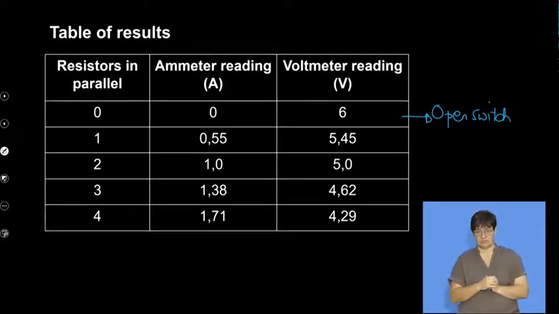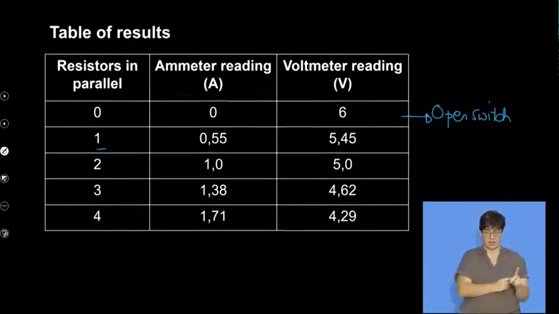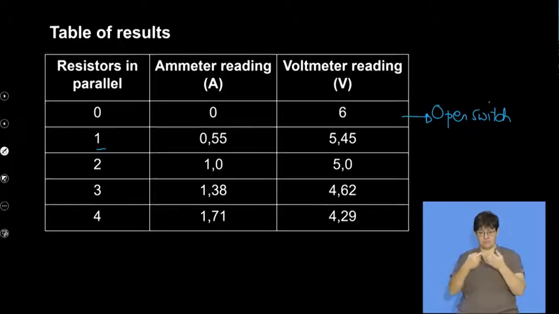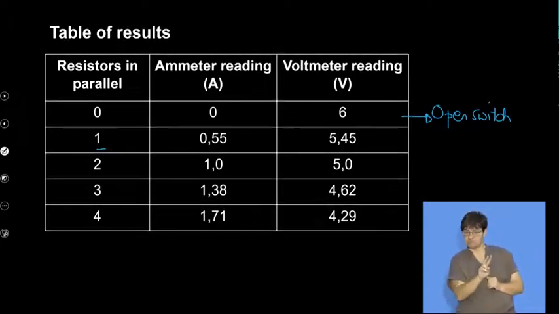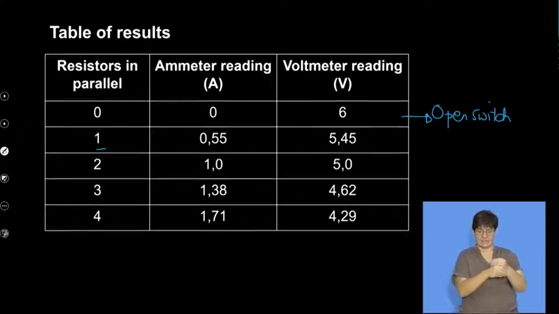And then we kept on adding resistors. When there was 1 resistor, the reading on current was 0.55, and the voltage value, V external, dropped to 5.45. You also need to pay attention: as we add more resistors in parallel, the amount of current increases.